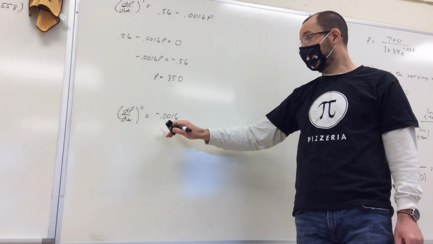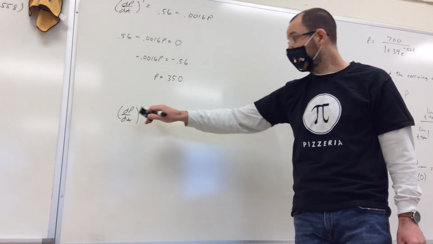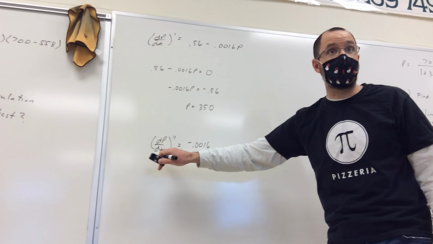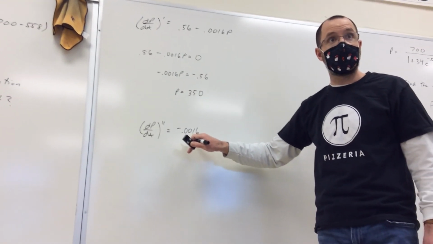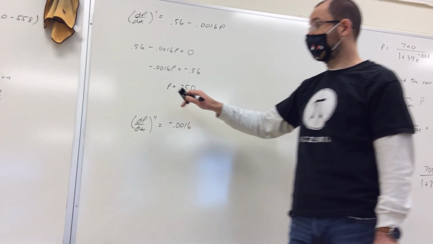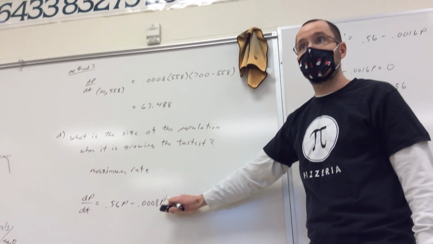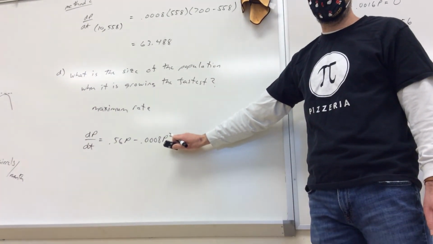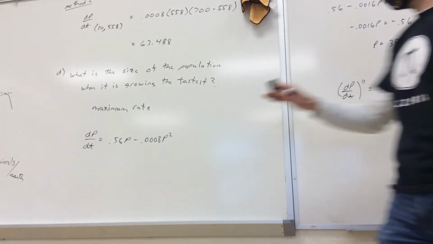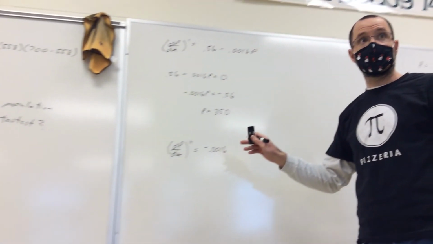So that means that the second derivative of the rate is negative. So that means that the graph of the rate, here's the rate, is concave down, which means that this critical value is a max.